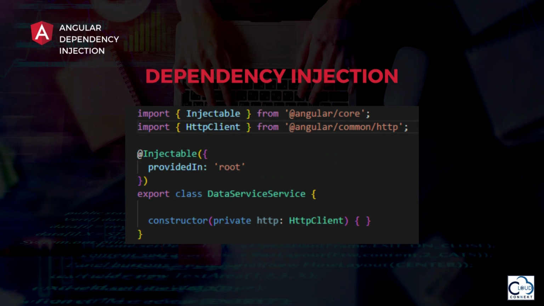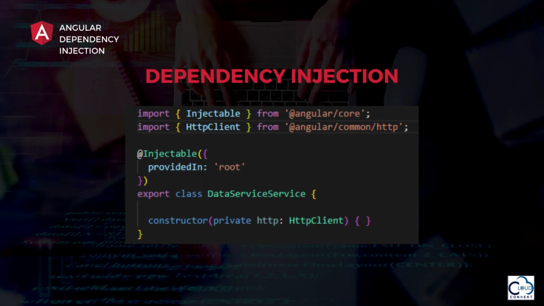For example, suppose you have a service called data service that needs to use the HTTP client service to make HTTP requests. You can define the HTTP client as a provider in the following way. Basically, first, you have to import the HTTP client from @angular/common/http.